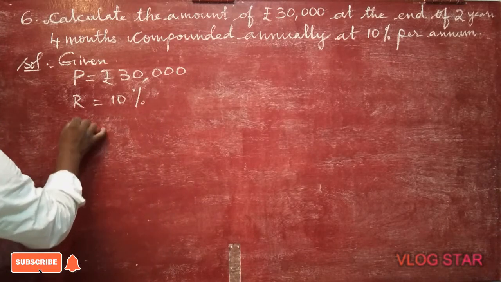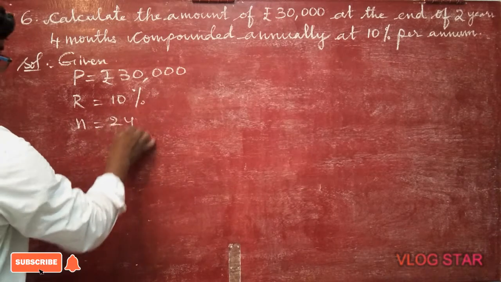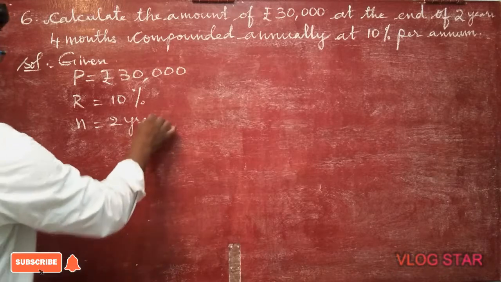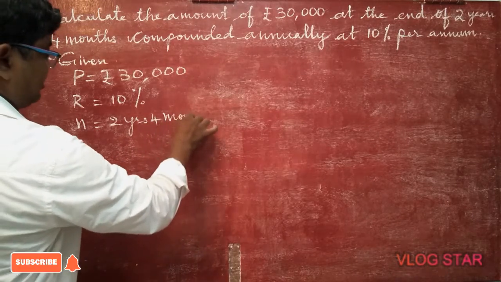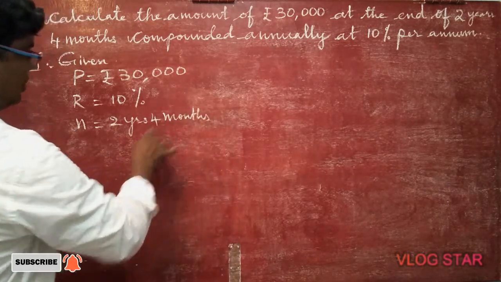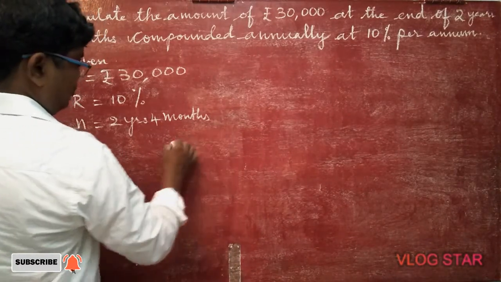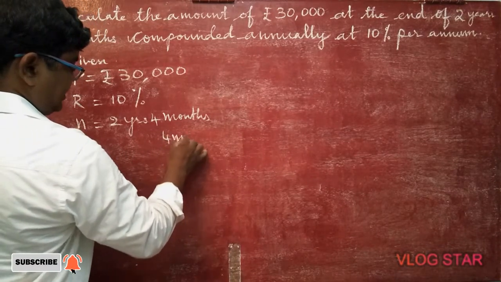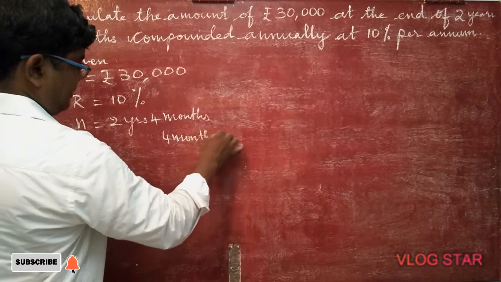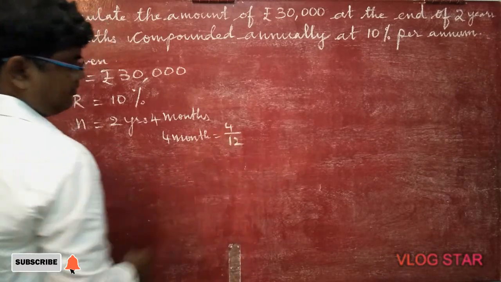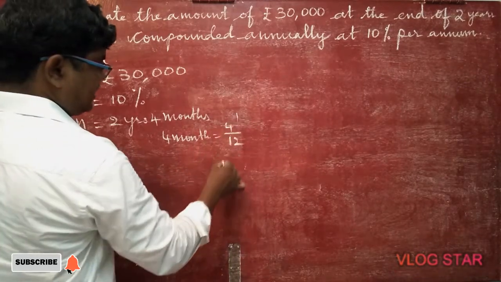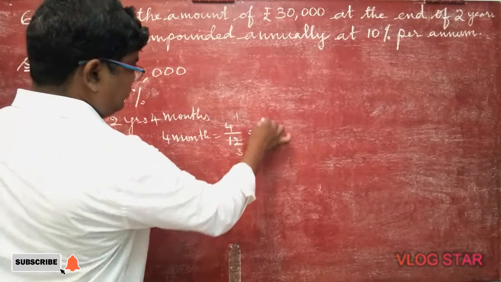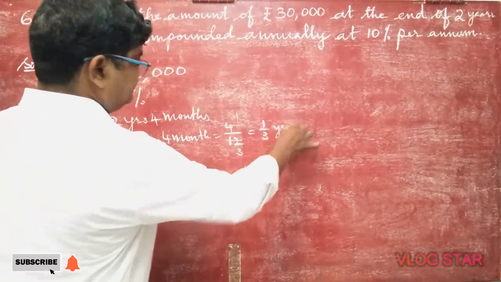N they have given 2 years, no problem. 4 months we have to convert into years. 4 months is equal to 4 by 12 of a year, so 1/3 of a year.